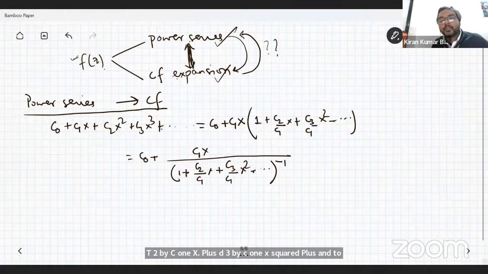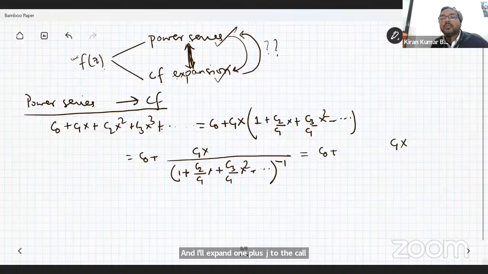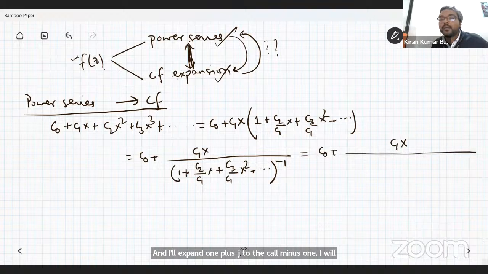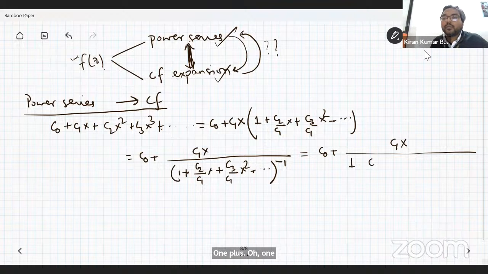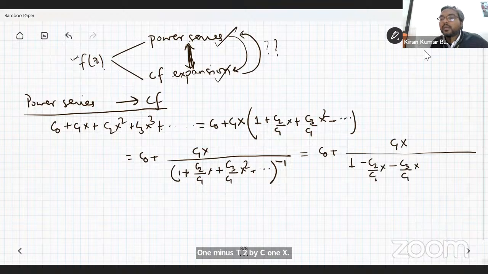So what I will do, I will expand. This is of the form (1 + j) to the power minus 1. I will expand (1 + j)^(-1). I will get c0 + c1x by 1 plus, it should be 1 minus (c2/c1)x minus (c3/c1)x² minus (c4/c1)x³ minus and so on.